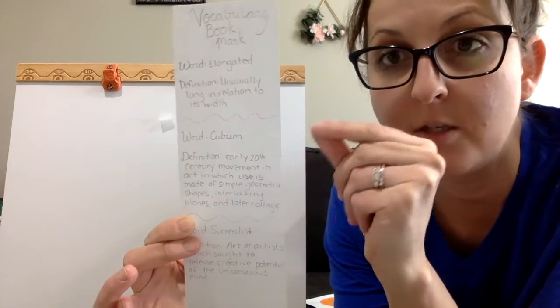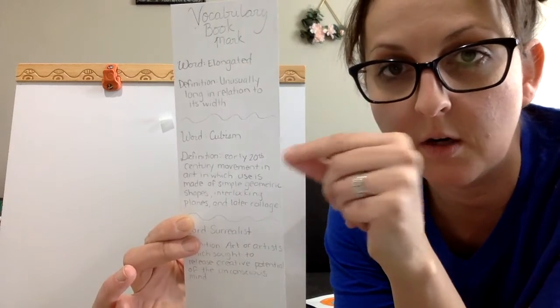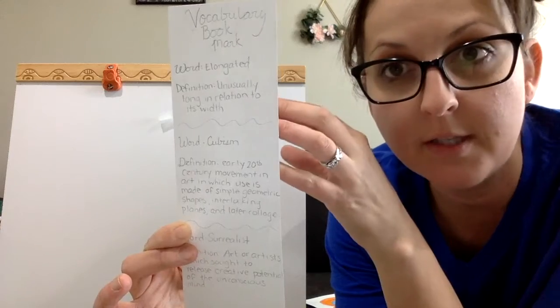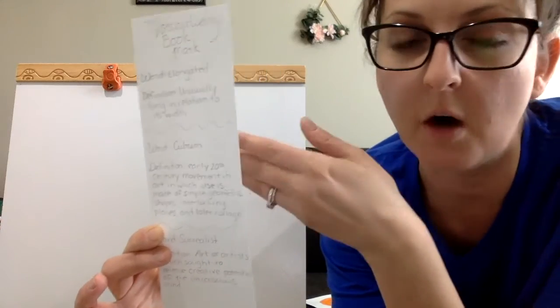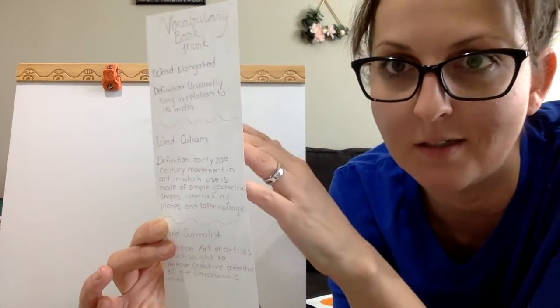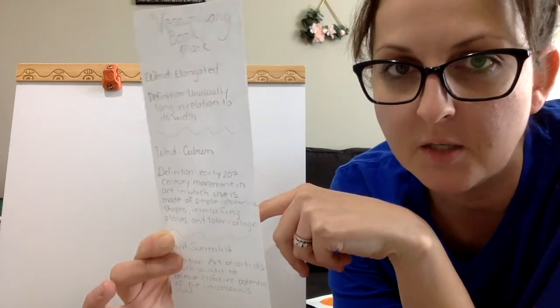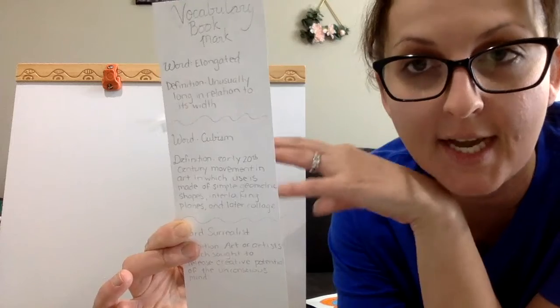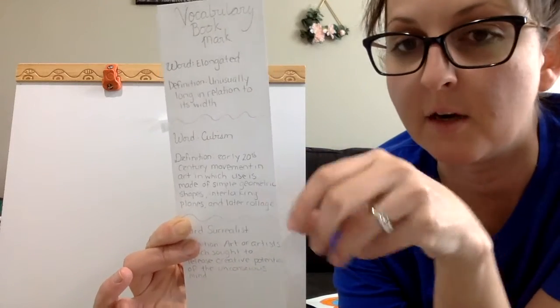They can add to it as they learn more things or come across more words that are new to them or interesting to them. They could already know what it means, but they think it's a really interesting word. Sometimes we call that being a word wizard. You go through your text and you find new words that are really fascinating.